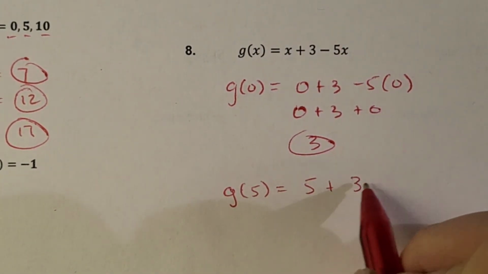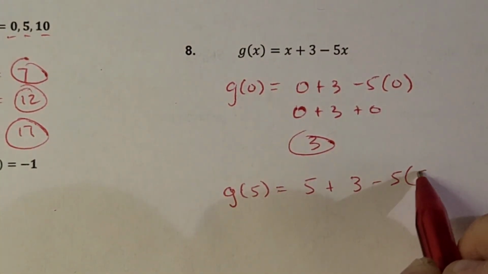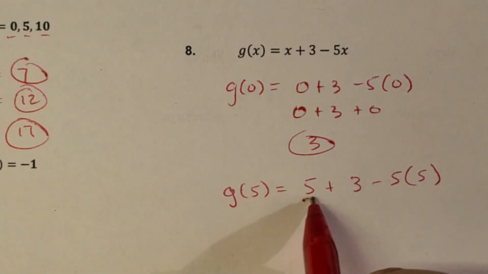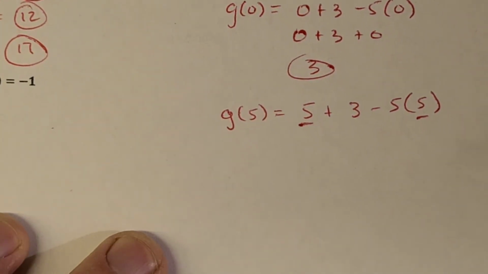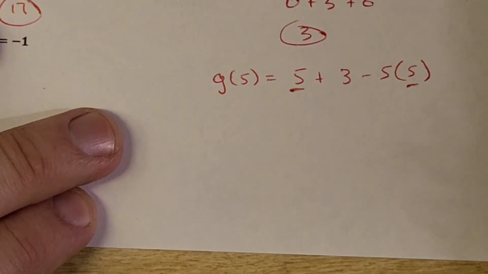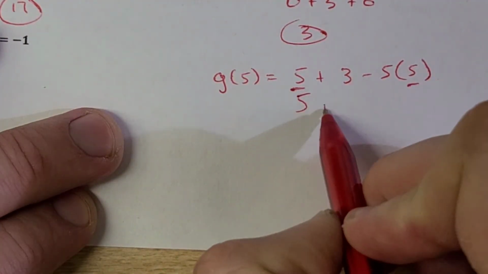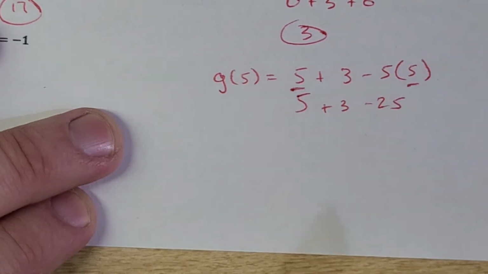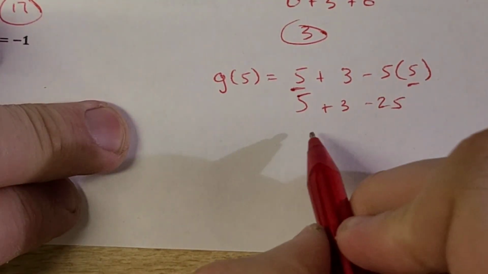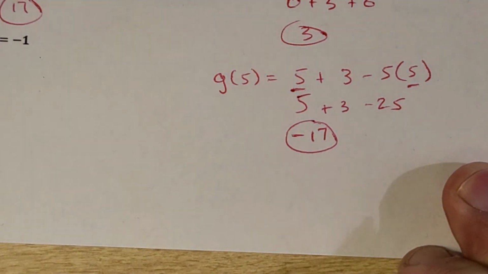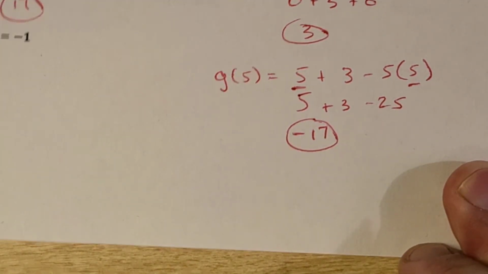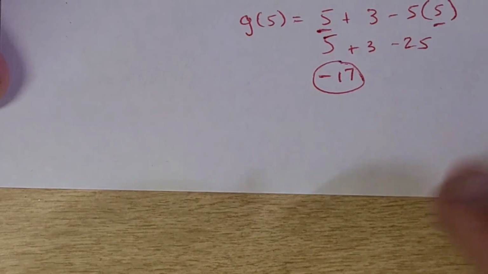So 5 plus 3 minus 5 times 5. Notice I plugged in 5 in those 2 different spots where you saw an x. So 5 plus 3 minus 25, that all comes out to -17. That's my second answer. 5 plus 3 is 8. 8 minus 25 is -17.